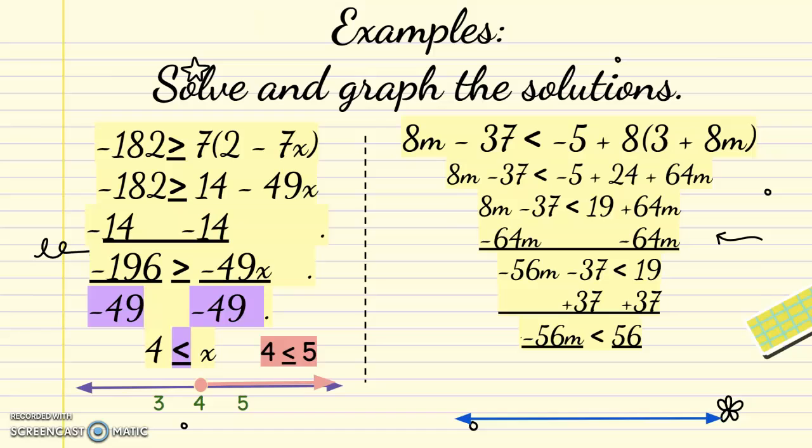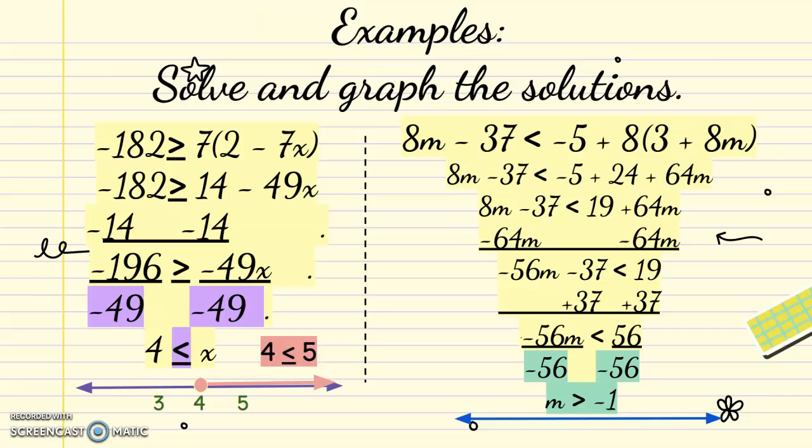Then, to get the m by itself, I need to divide both sides by negative 56. Notice I divided by a negative number, therefore I have to flip the inequality symbol. If the number that I'm dividing by is a positive number, I just leave it alone. So this ends up m is greater than negative 1.